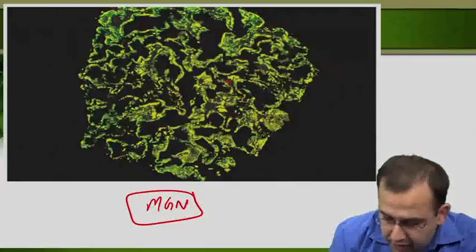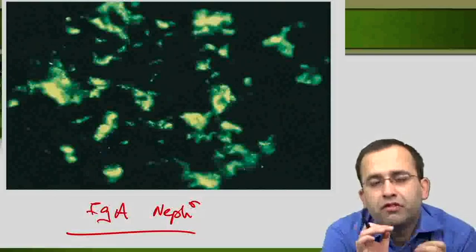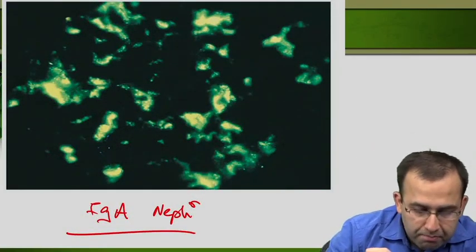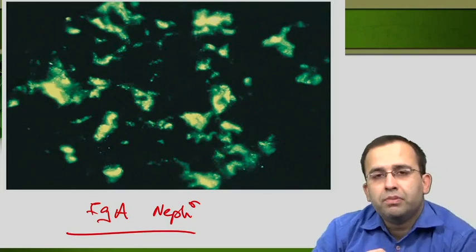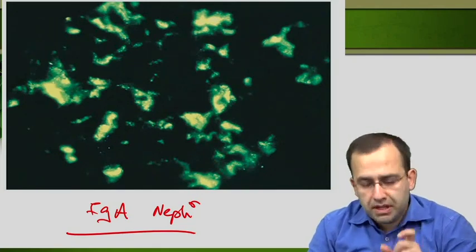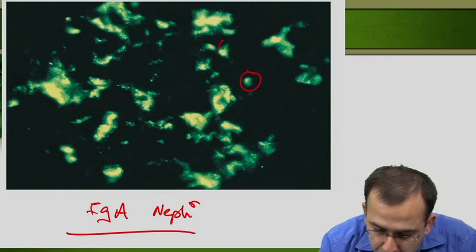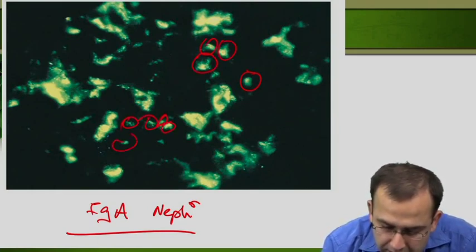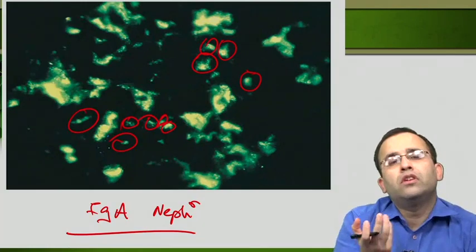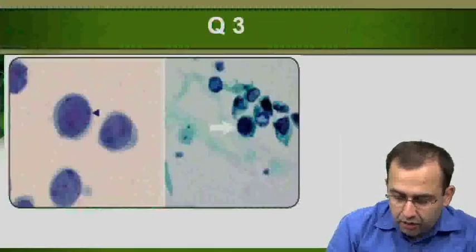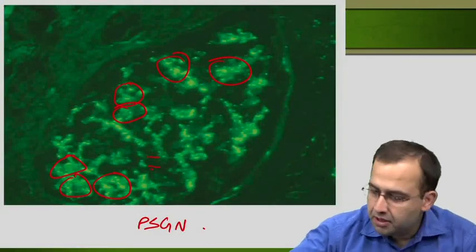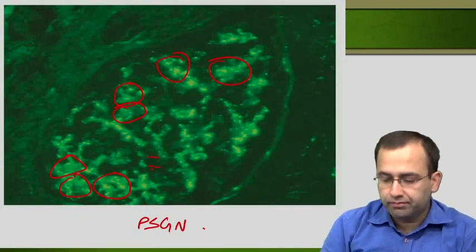Versus IgA nephropathy, the mesangial deposits are much less as compared to PSGN. Mesangial cells are present interspersed, they are more singly scattered, versus PSGN, which was lumpy bumpy granular deposits. It's not the same. This is PSGN. Have a look at this again.